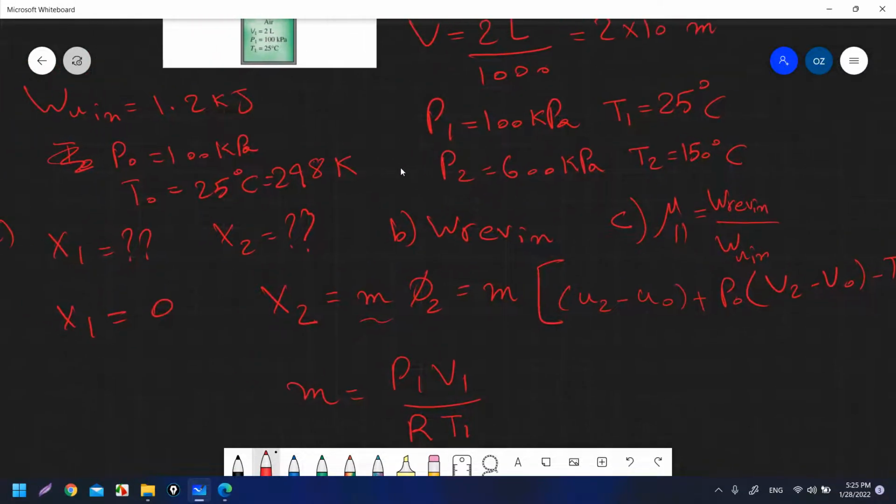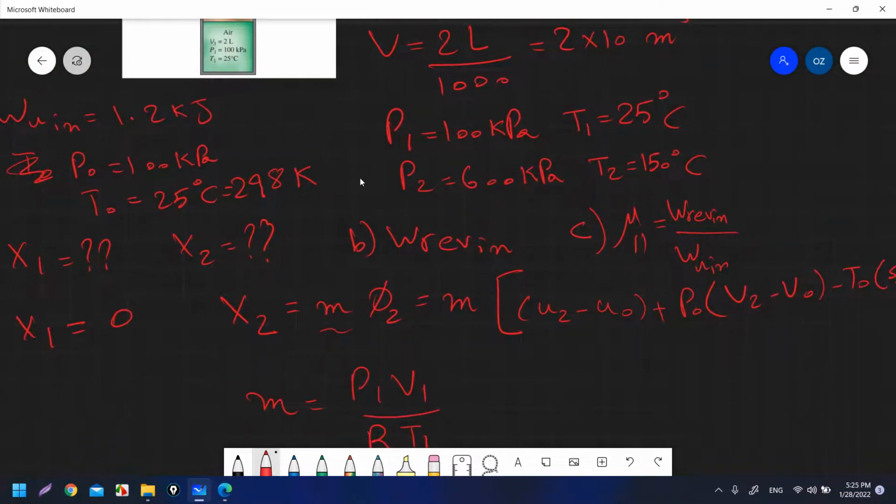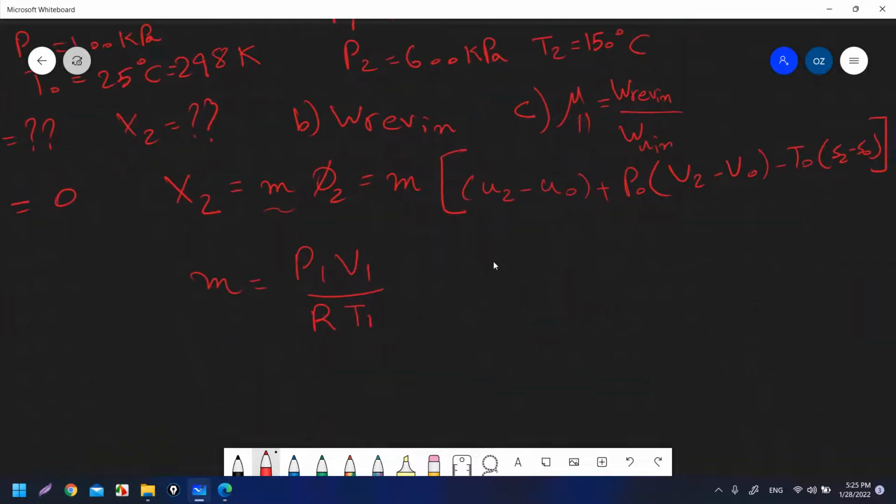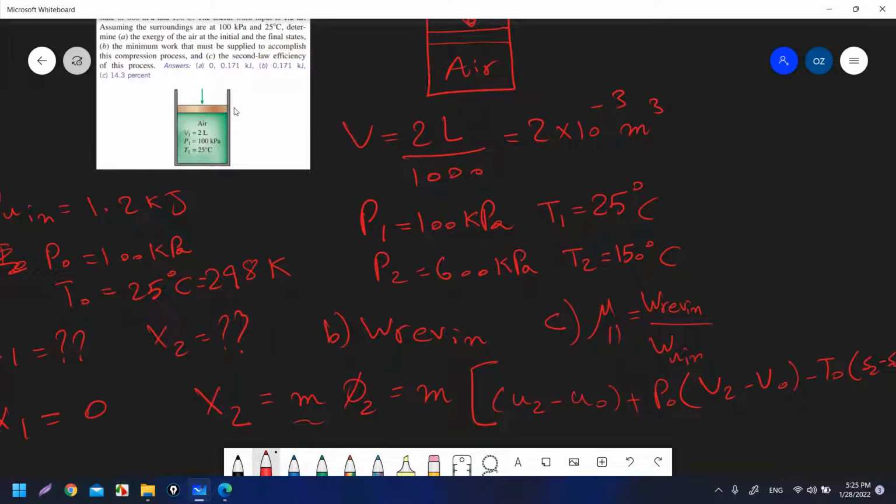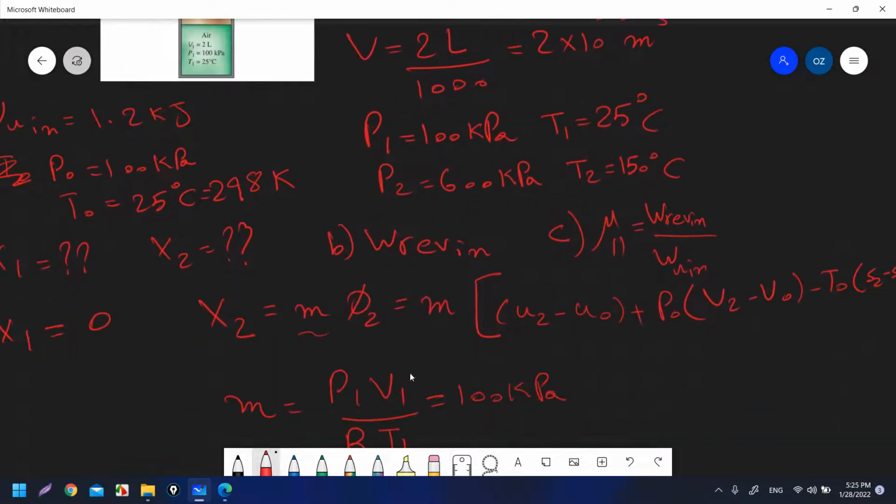P1 is 100 kilopascal. Why did I choose 1 and not 2? Because we are finding for state 2, but he gave me the volume at the beginning, and I want to find everything at the beginning.